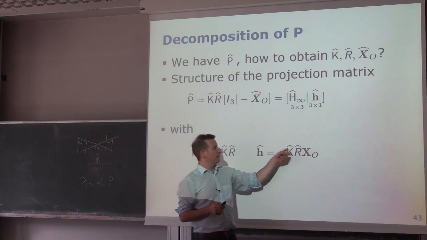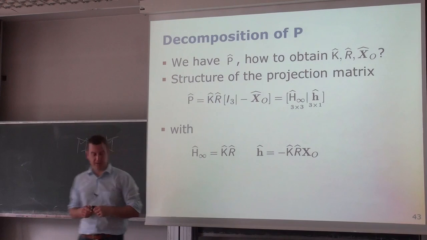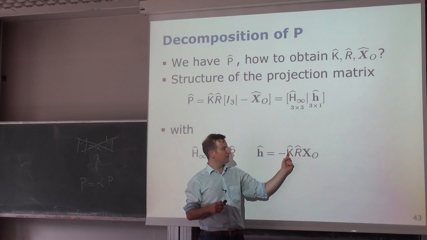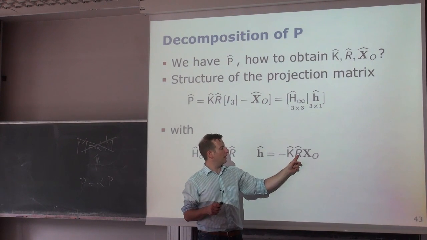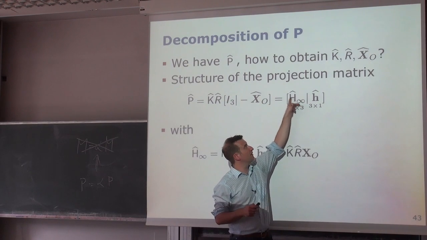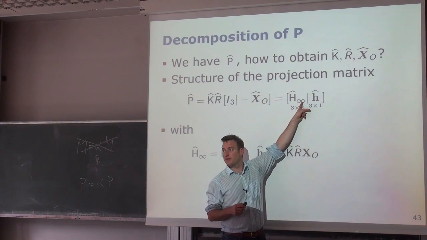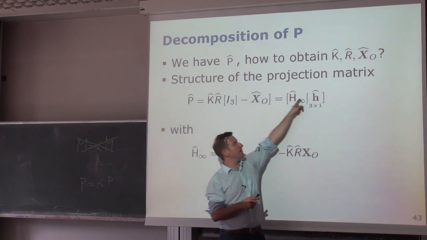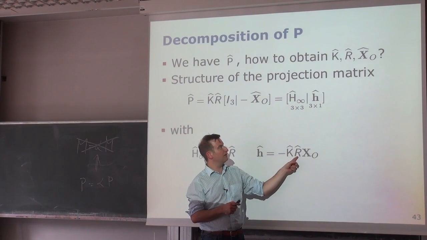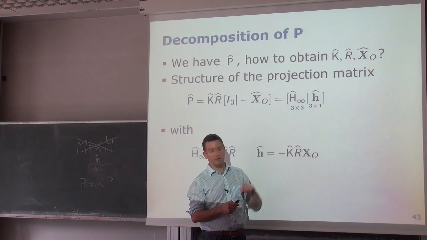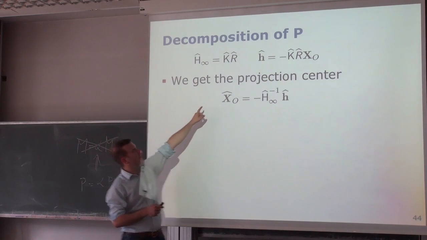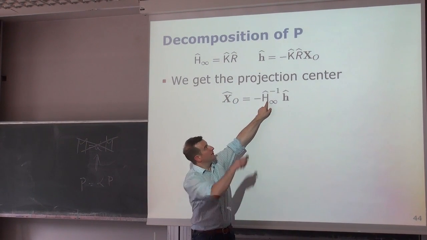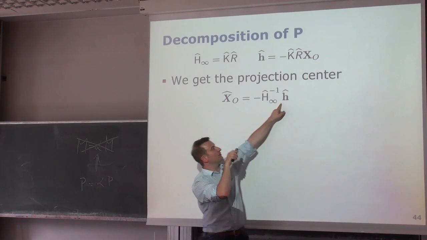So the first thing is, how do we obtain the projection center? That is pretty easy, because K times R are exactly those elements of the matrix. So these are the 9 elements I can just pick from my matrix P. Just picking those 9 elements of our matrix P, I can use this in order to compute the projection center, just by saying, okay, X0 is simply minus this matrix H inverted times h.